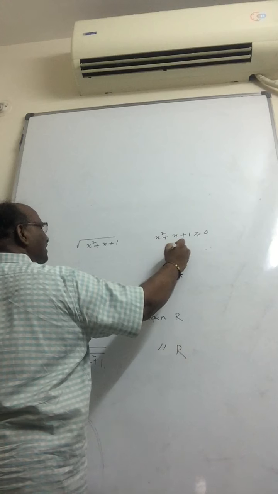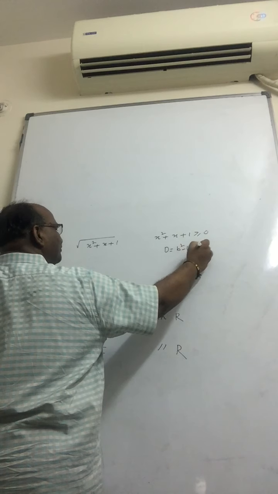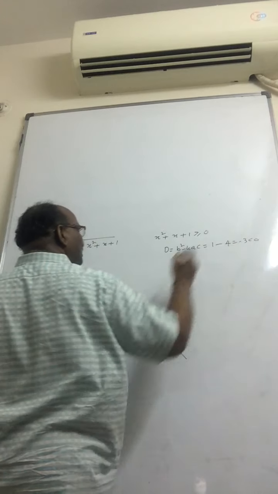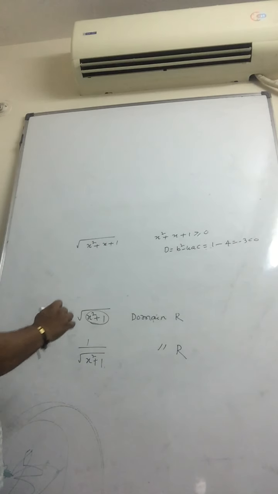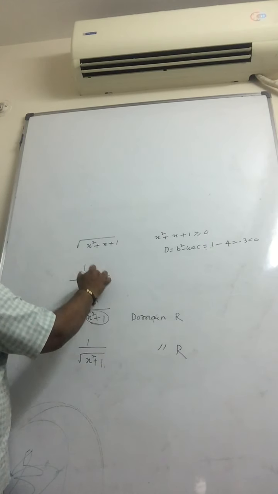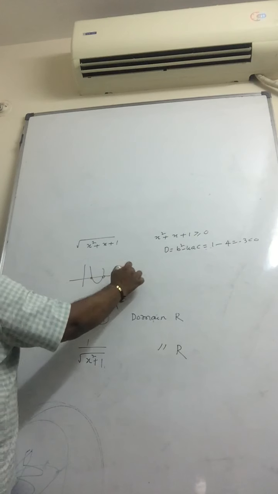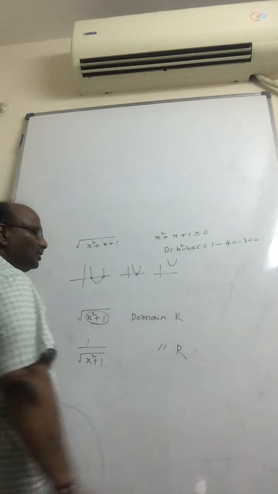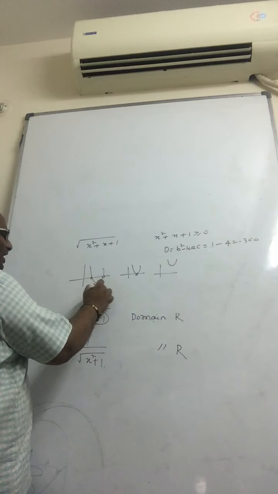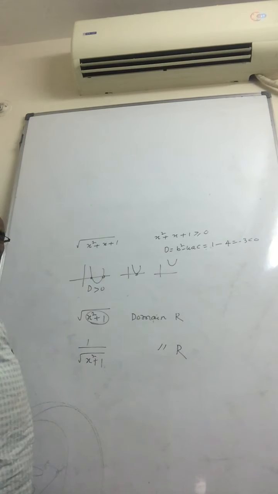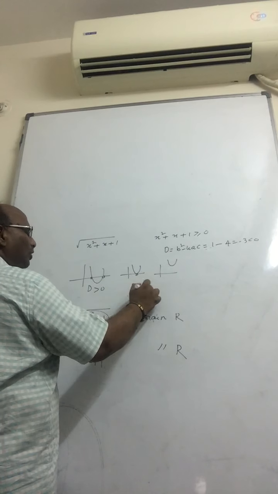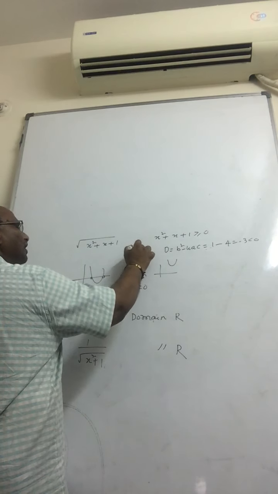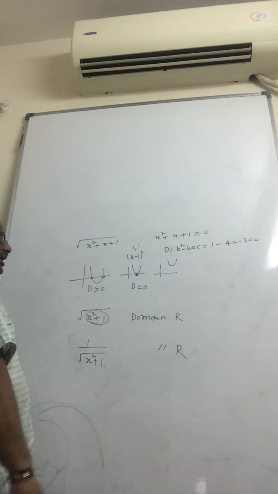With the help of the discriminant, b square minus 4ac: 1 minus 4 is minus 3, negative. I already discussed quadratic functions. It can have 2 real roots, or 1 real root, or no real root. If the discriminant is greater than 0, there are 2 distinct roots. If the discriminant is 0, there is only 1 repeated root, like x minus 1 whole square, where the roots are 1, 1.